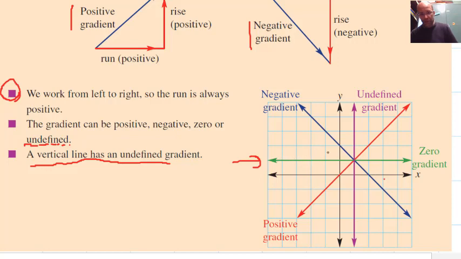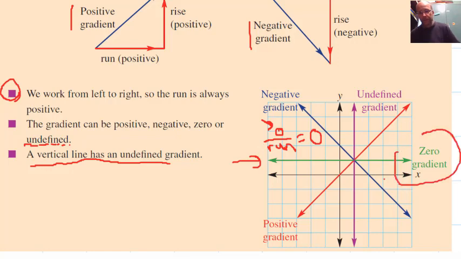It doesn't go up, it just stays at the same height. But it still runs. So it's got a run but no rise. So rise over run would be 0 over the run. The run is how long the line is. It'll always come out as 0 because in a fraction, 0 on the numerator always comes out as 0. So horizontal lines have a 0 gradient.